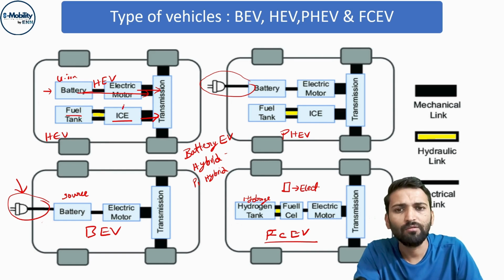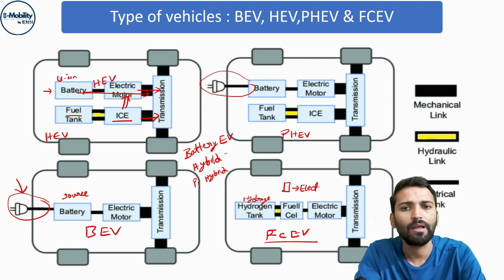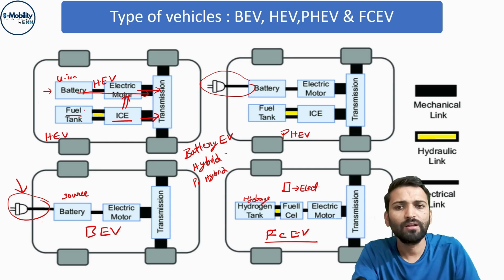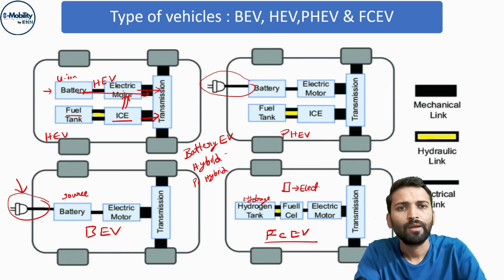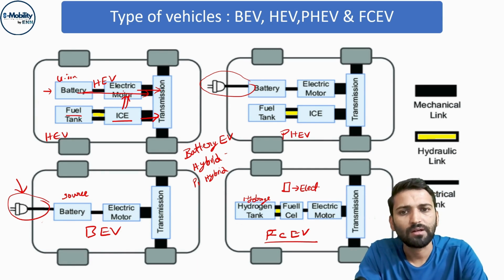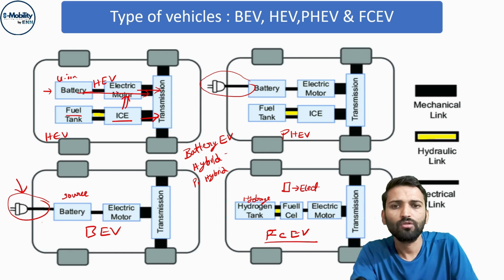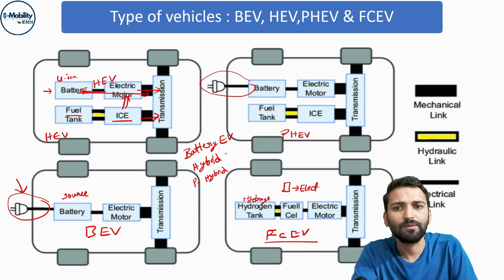The IC engine will drive the electric motor, and the electric motor for that particular time will act as a generator. So using this fuel tank and IC engine, we can drive any motor, induction motor or synchronous motor, and make it work as a generator. And when it is working as a generator, it will charge the battery.